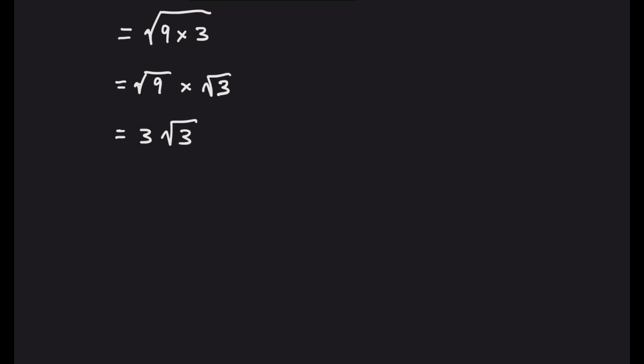Another question that they can ask, and that I have a strategy for solving as well, is stuff like this: 9 root 7 minus 3 root 7. Let's say they ask you to simplify and solve.